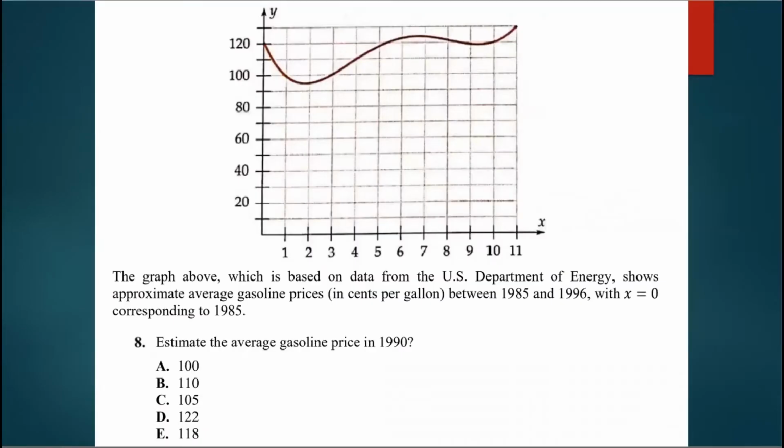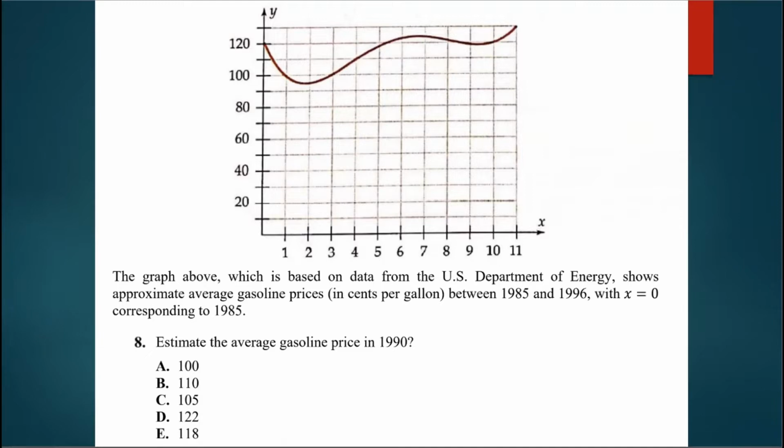In number 8, the graph above, what is that about? You just draw a graph, which is based on data from the US Department of Energy, and shows approximate average gasoline prices in cents per gallon between 1985 and 1996.